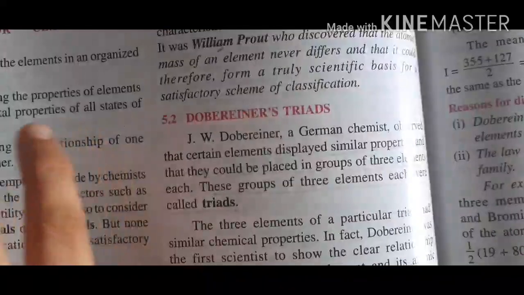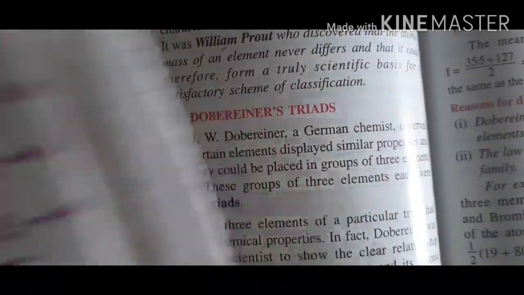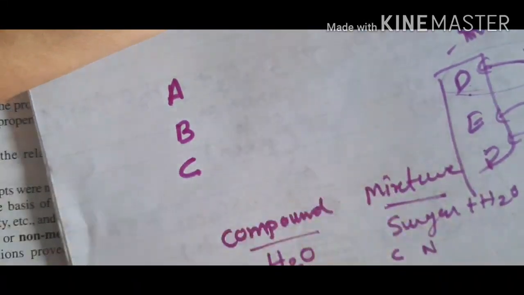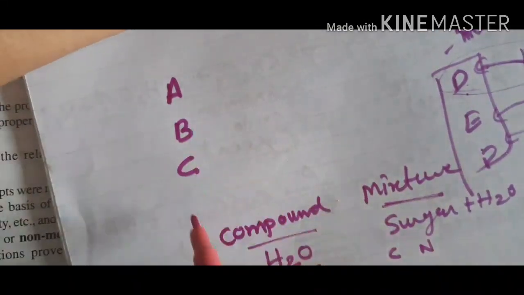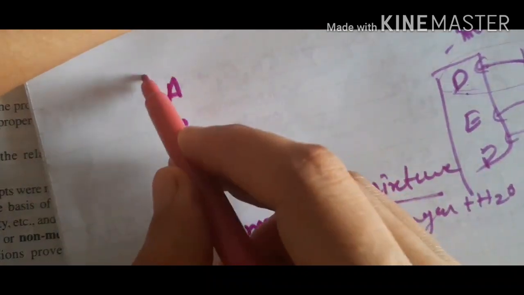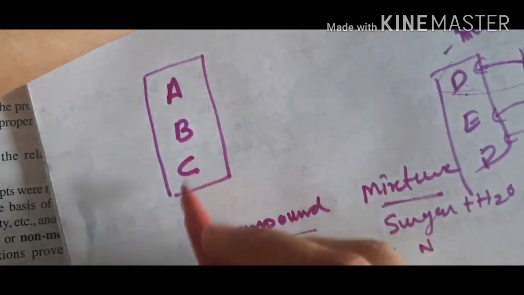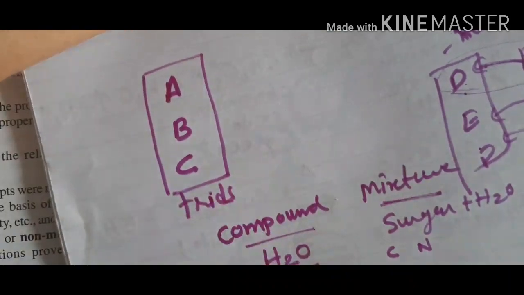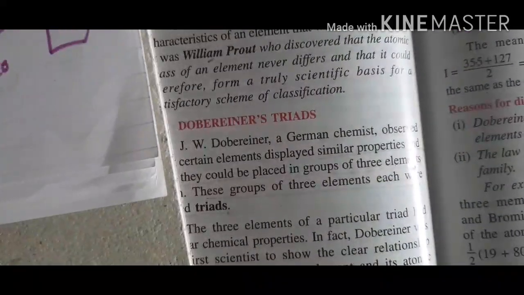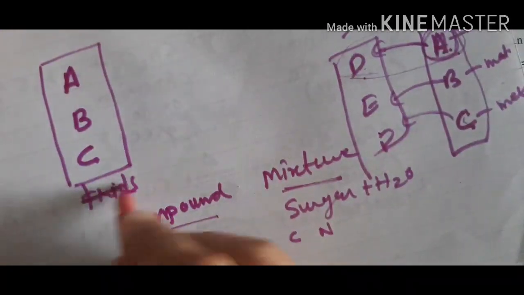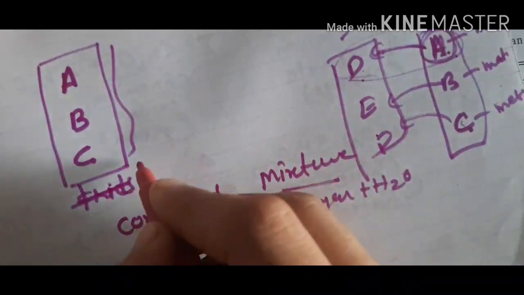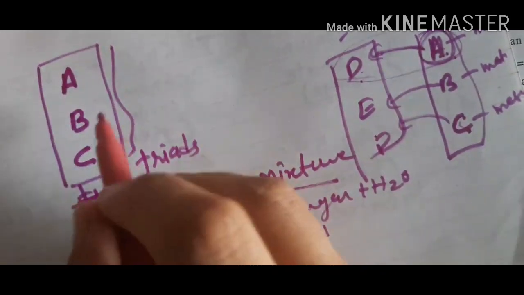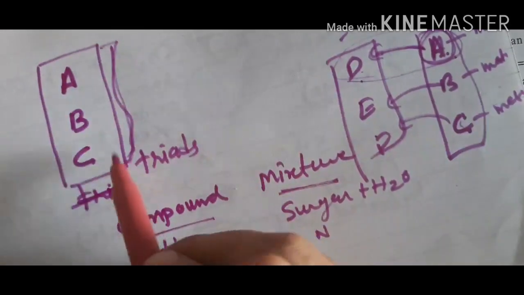I will explain triads, which means that suppose here A element, B element and C element, they are put in one group and called a triad. Why triad? Triad means a set of 3. So why only 3?